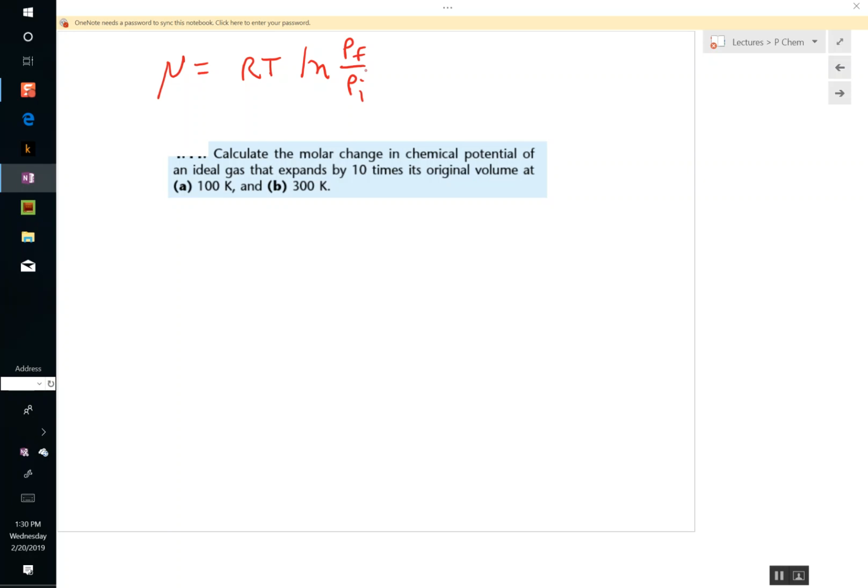Calculate the molar change in chemical potential of an ideal gas that expands by 10 times its original volume at 100 K and 300 K. Grant, do you know what equation that was?